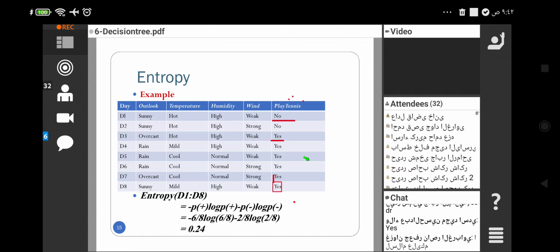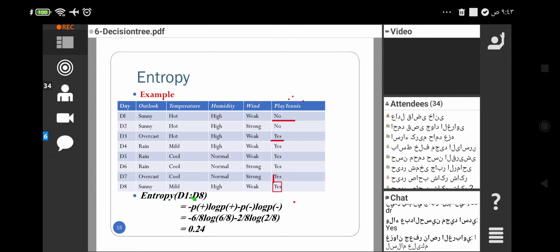The entropy is calculated using the classes or the outputs of our data. In this example, the output is play tennis, and the value of the output is no or yes. No here means negative, and yes means positive.